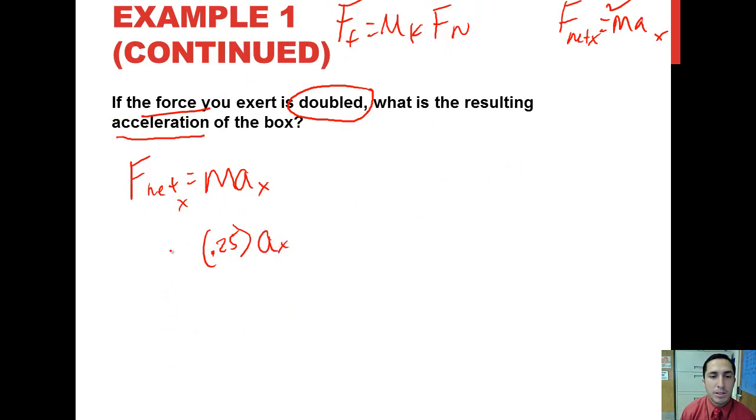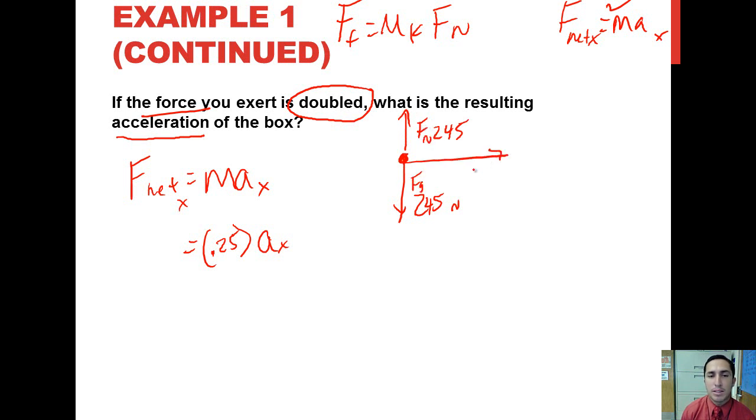We don't know acceleration, so we're going to leave it as a x. And we have F net. Let me just draw the free body diagram here. Here was your box. That was your mg. Your mg was 245 newtons. Your normal force was also 245 newtons.